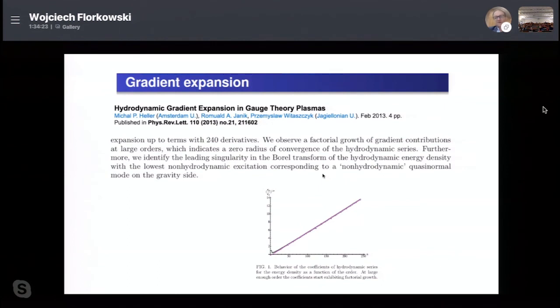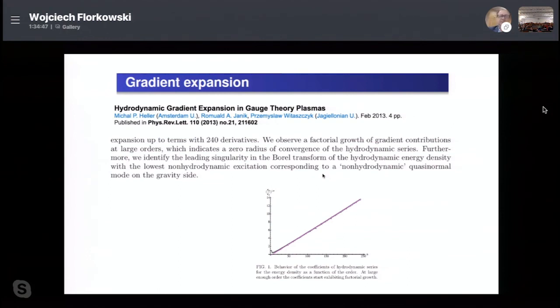So its use is kind of limited. We may use the first terms, but eventually we have to add non-hydrodynamic modes. We have to complete the theory in some heuristic way, and then this model works. But hydro is more than the gradient expansion.